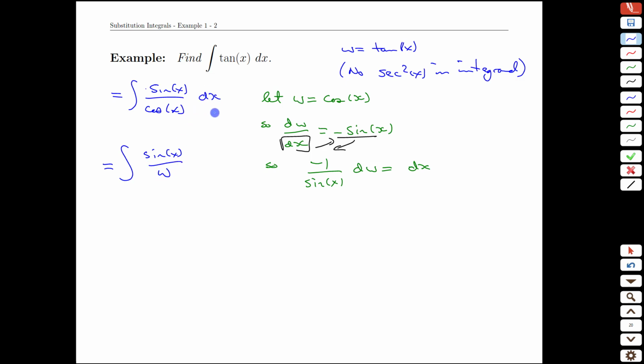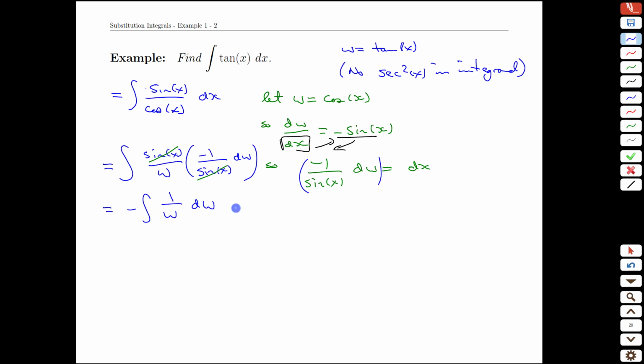And then the dx here can be replaced by this expression, negative 1 over sine of x dw. Doesn't look too nice at first until we recognize we have that cancellation. The two sines cancel, and we end up with negative the integral of 1 over w dw.